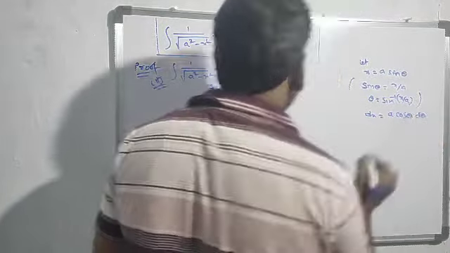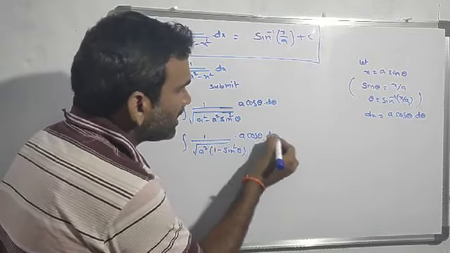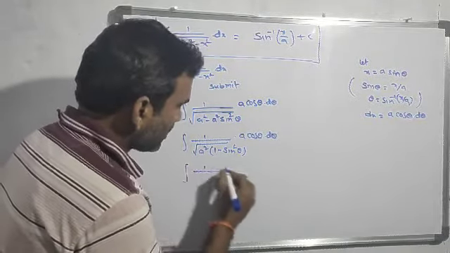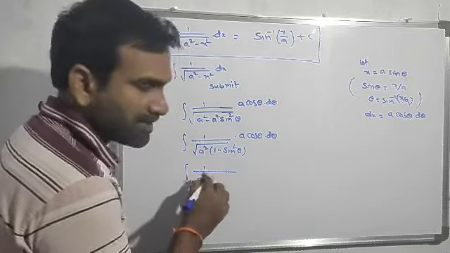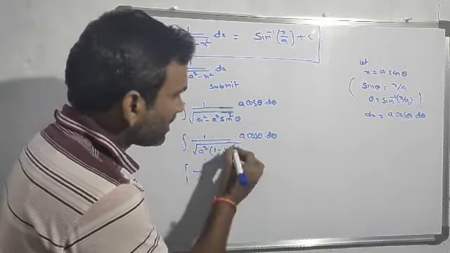Here I will take a square as common: square root of 1 minus sin square theta, into a cos theta into d theta. So 1 by the square root of a square is 1 by a. 1 minus sin square theta means cos square theta, and the square root of cos square theta is cos theta.